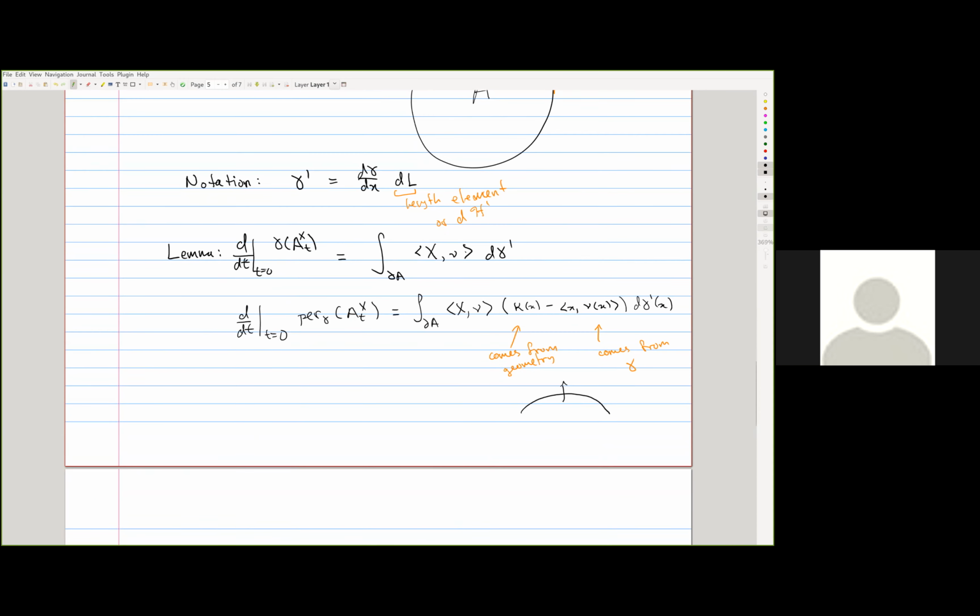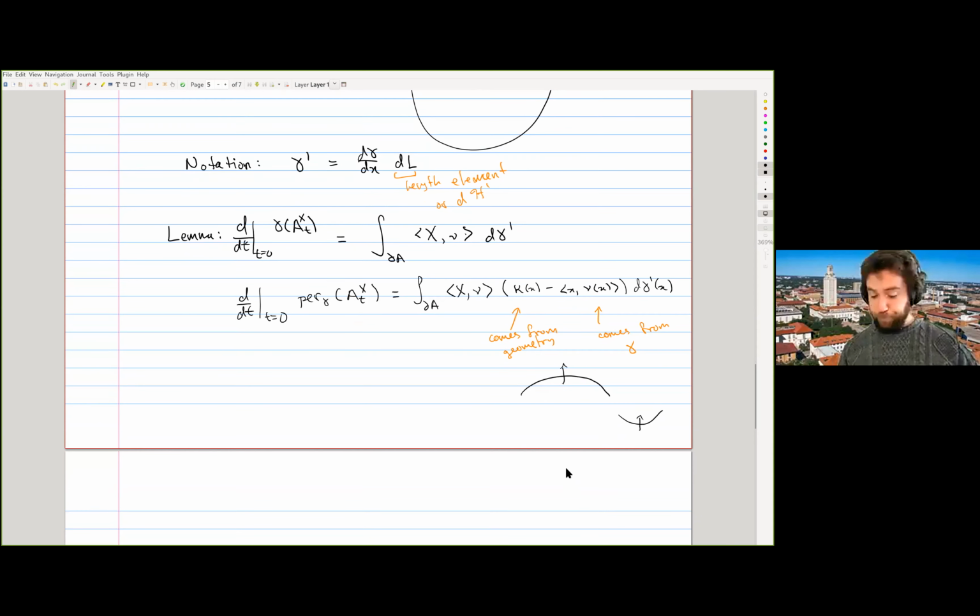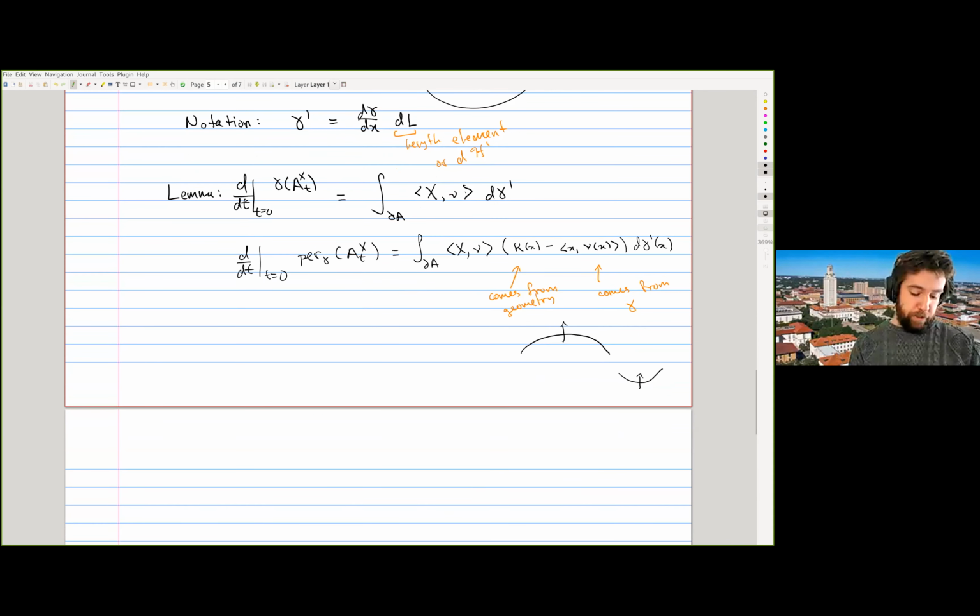Okay. So when curvature is positive and you're pushing in the positive direction, the boundary gets bigger, right? Whereas when curvature is negative and you're pushing outwards, then the boundary gets shorter, right? So just to give some intuition as to why you get a curvature term popping up here. Now, I'm not going to show this calculation, but I'll tell you the consequence, which is not so hard.